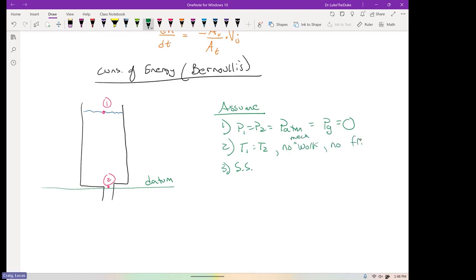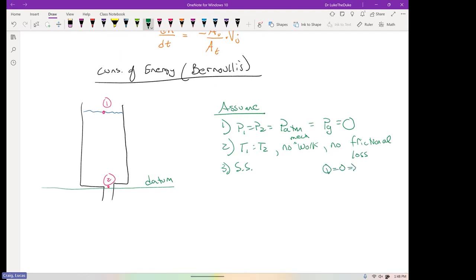And what does that mean in terms of temperature? That means the temperature is the same. Otherwise, if you heat, friction, right? No mechanical work means there are no turbines or pumps. Frictionless. And we could say that Q is 0.